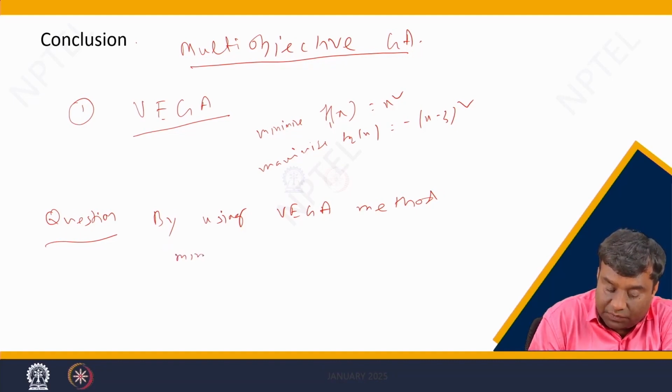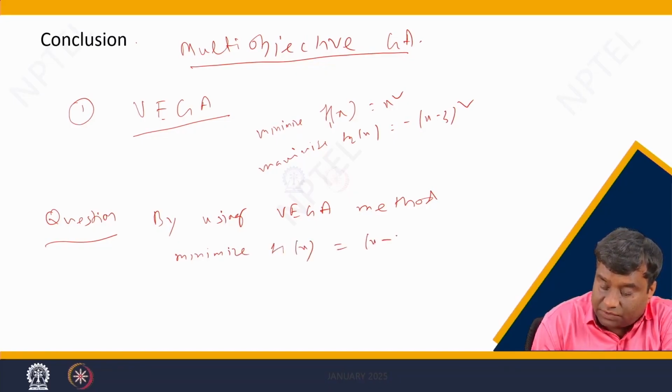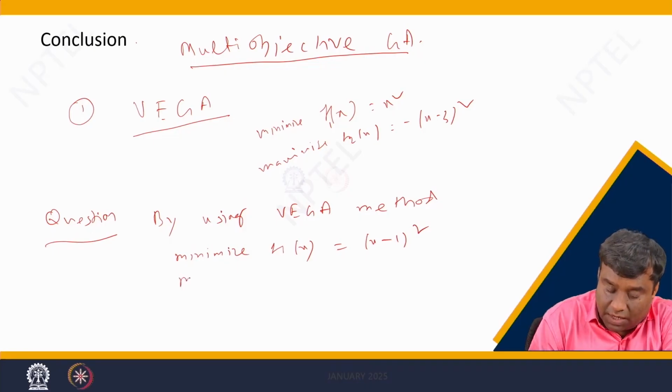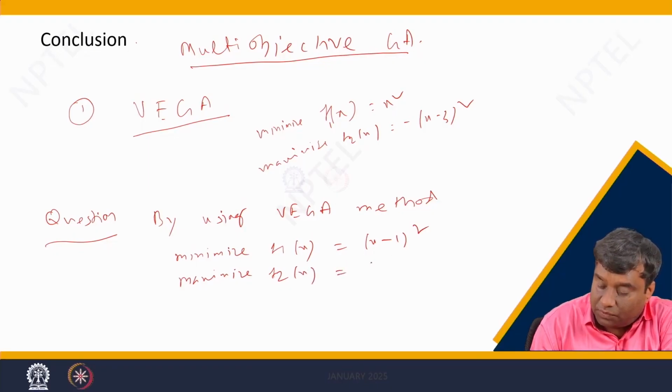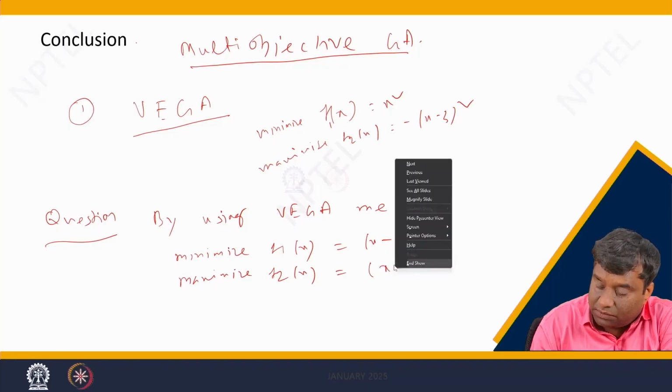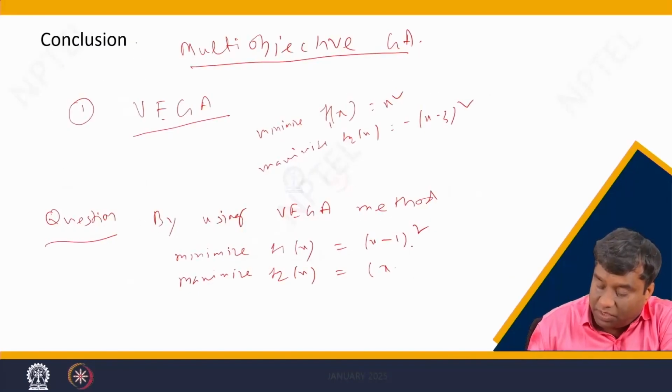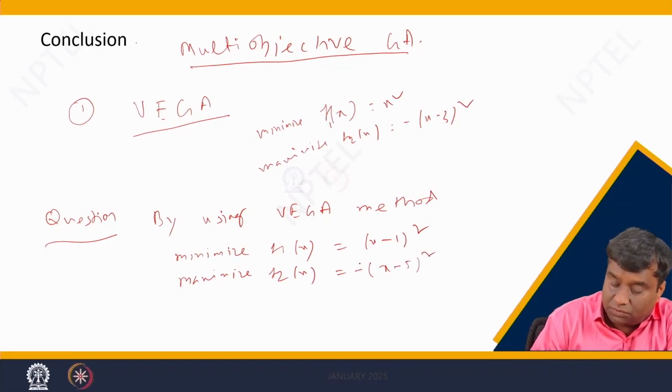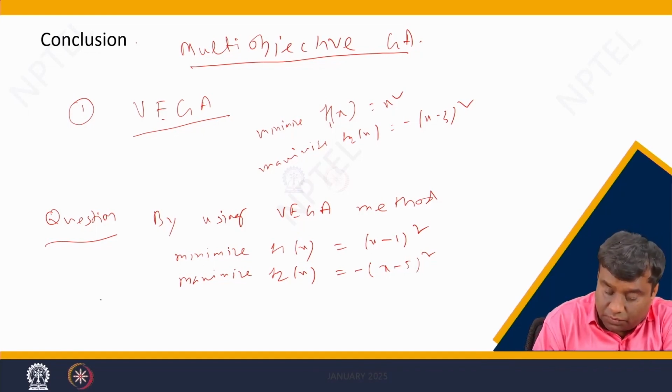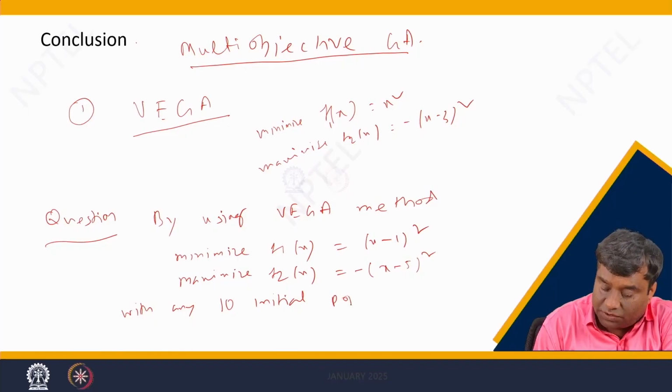So minimize f1x equal to x minus 1 whole square and maximize f2x equal to minus of x minus 5 whole square, with any 10 initial populations.